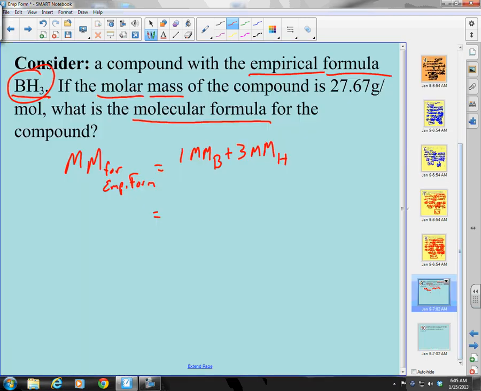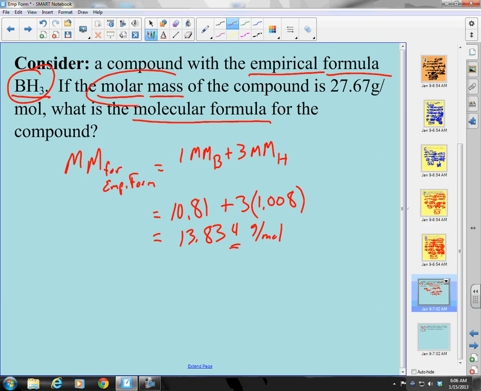So 10.81 plus 3 times 1.008. And what do I get? 13.834 grams per mole.